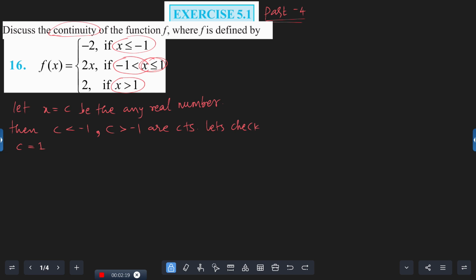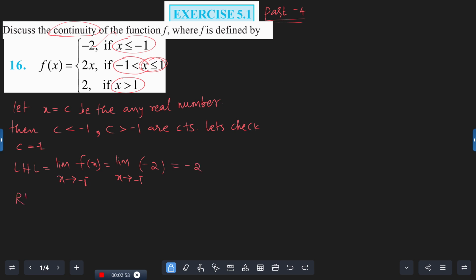Now let's go to the left hand limit at -1. So limit x tends to -1 minus, the minus power for mentioning the left hand limit, f of x, which is equal to limit x tends to -1 minus f of x, means -1 and below, where we have the first one, -2. So no variable here, so directly you get -2 as our answer.